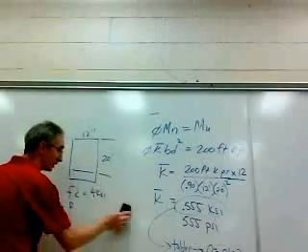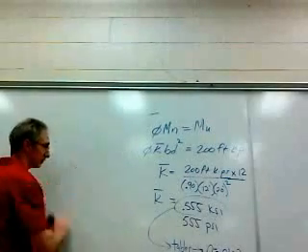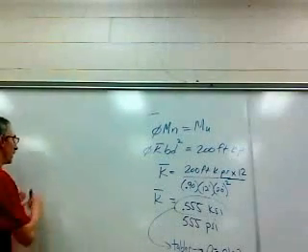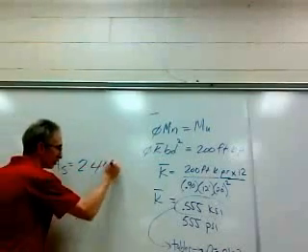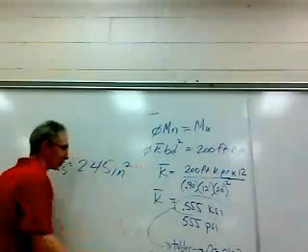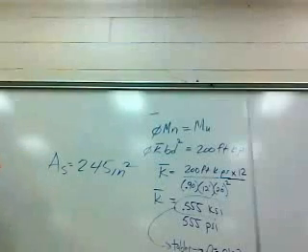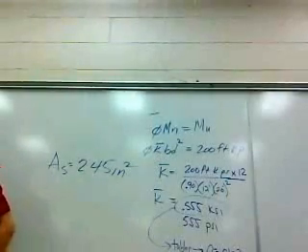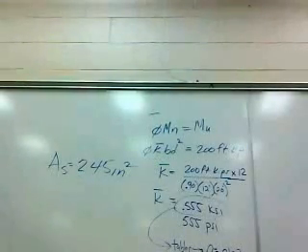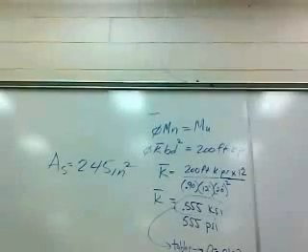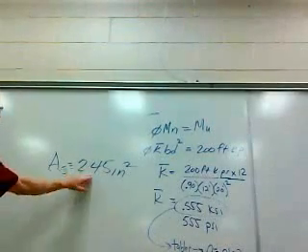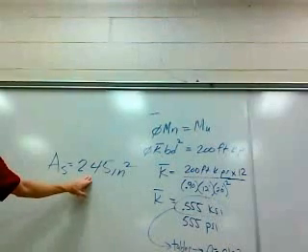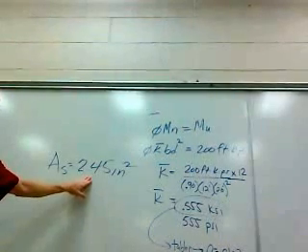That's 2.448. So area of steel is basically 2.45 square inches. So for this beam that was 12 inches wide, had an effective depth of 20 inches, had F prime C of 4 and Fy of 60 KSI, you're going to need an area of steel of 2.45 square inches.